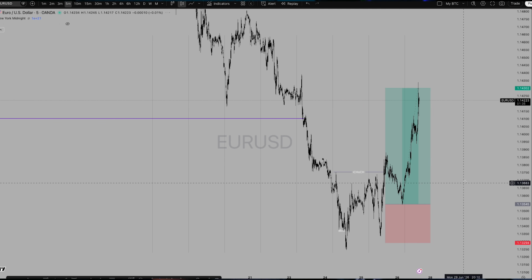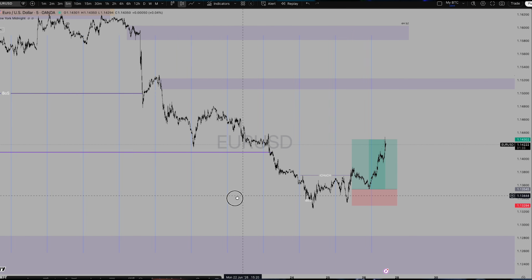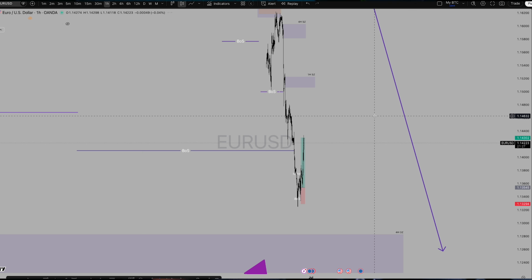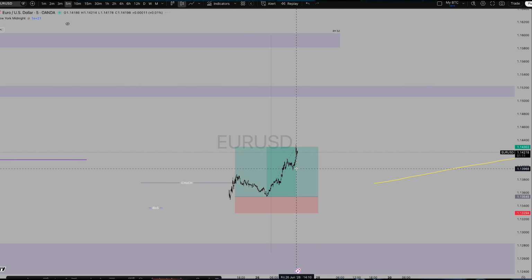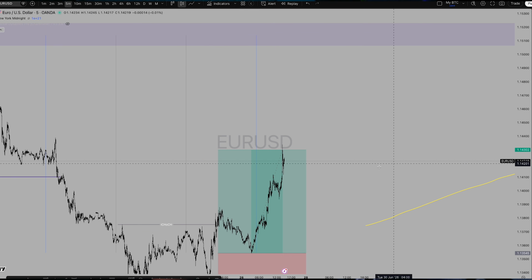We had a break of structure here. Take this to the higher time frame. My intention was to trade this all the way over here and trade it down because of this break of structure here, but I decided to trade it even from here, to take a long position from here. So this is an example of a long position trade, and we use the same Fibonacci here.